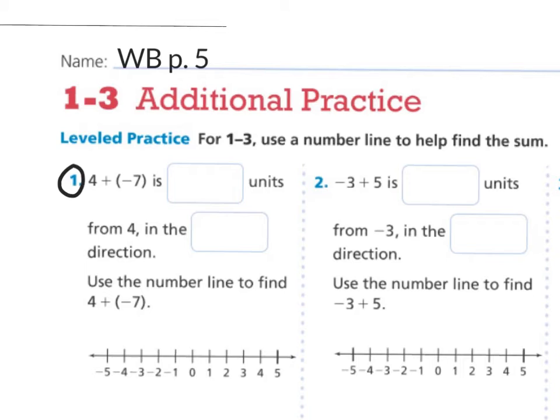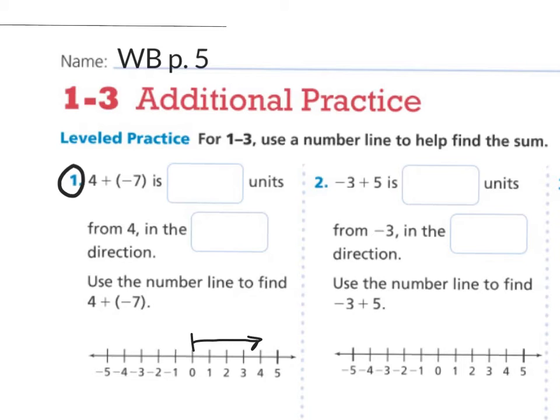Workbook page 5, they want us to use a number line to help find the sum. So on number 1, 4 plus negative 7 is blank units from 4 in the blank direction. So what we're doing is we're starting out from 0, we're going to go to 4. And then from there, if we're adding negative 7, that's going to help us fill in these other blanks here.